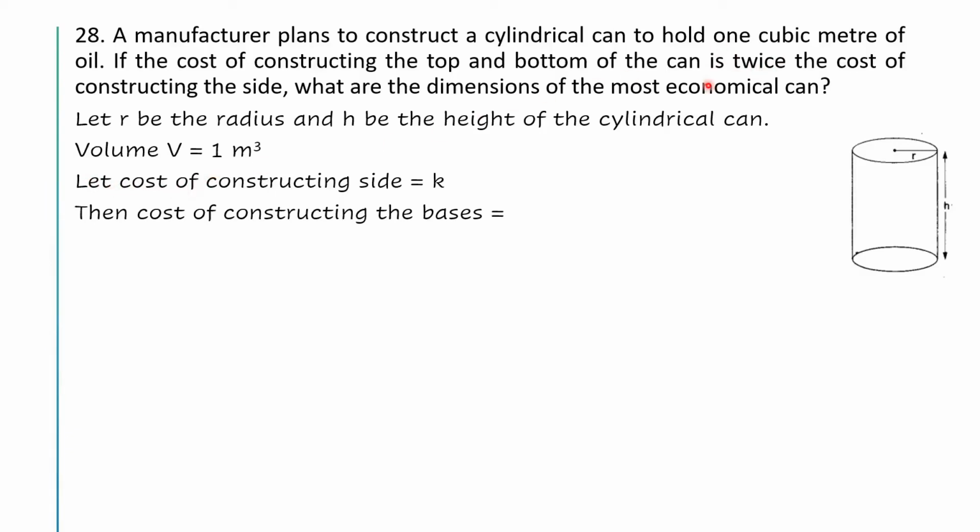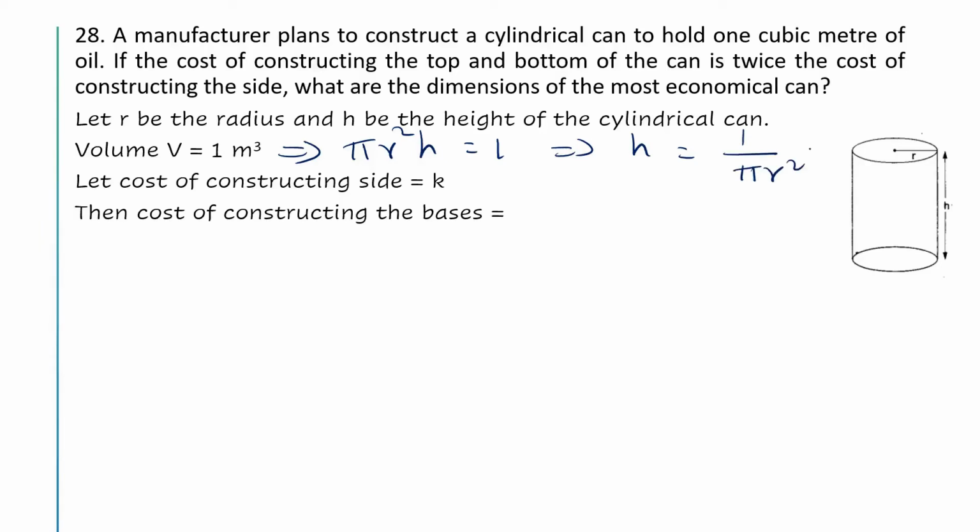So the can should be constructed in such a way that it should hold 1 cubic meter of oil. So if volume is 1 meter cube, it means pi r square h equal to 1, or from this we have h is equal to 1 by pi r square.